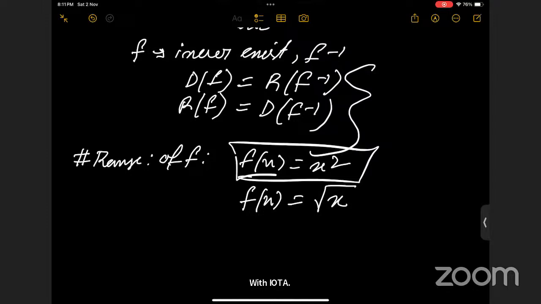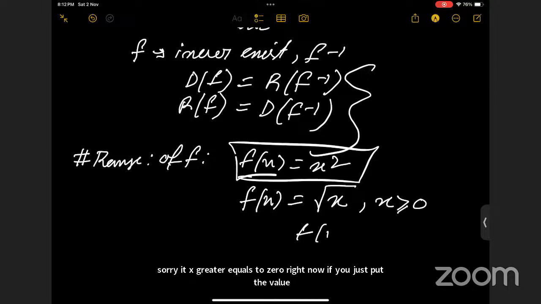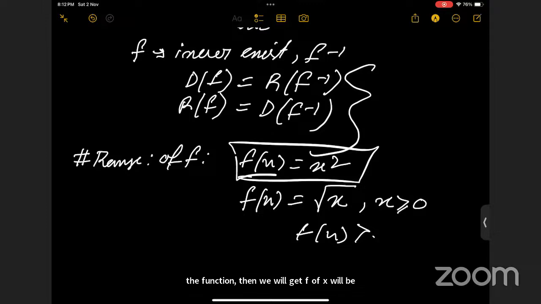And here we are only considering real functions. So in that case our domain will be x greater than or equal to 0. Now if we put the values in the function, f of x will again be greater than or equal to 0. So the range and domain are both [0, infinity).